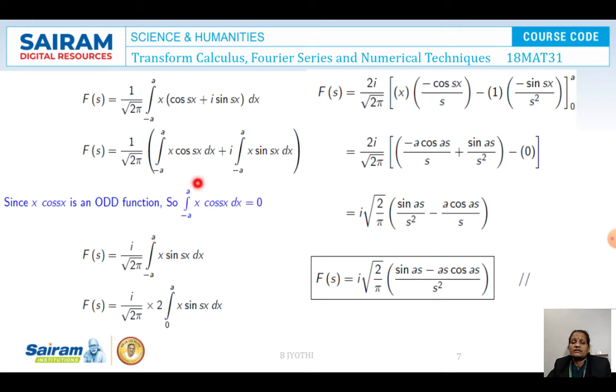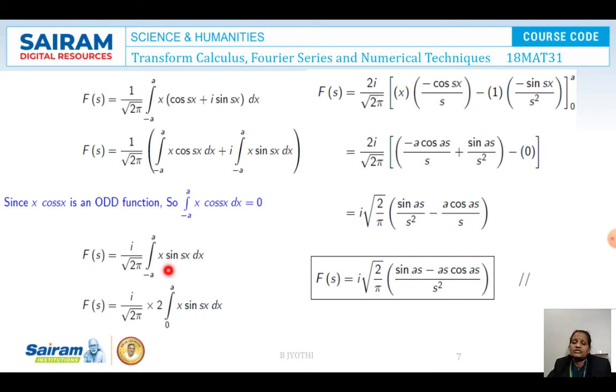That is, the real part will be 0. Now, what we are getting is i divided by root 2 pi into integral minus a to plus a x sin sx dx. That gives us i into 2 divided by root 2 pi, 0 to a.